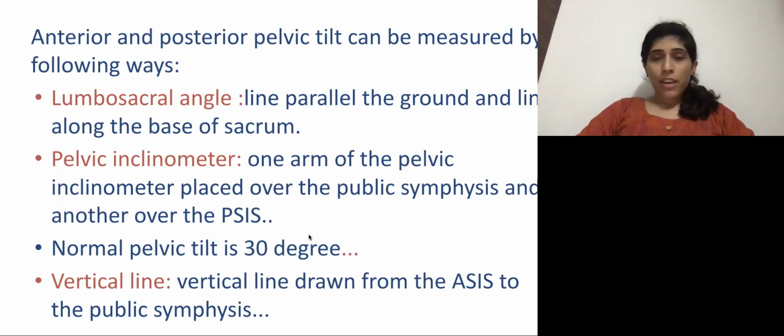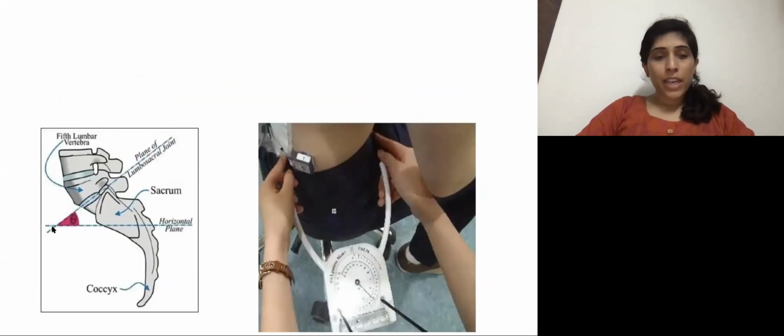The lumbosacral angle is formed by a line drawn parallel to the ground and the line along the base of the sacrum. Here we can see this line which is parallel to the ground, the horizontal line, and another line which is passing along the base of the sacrum.